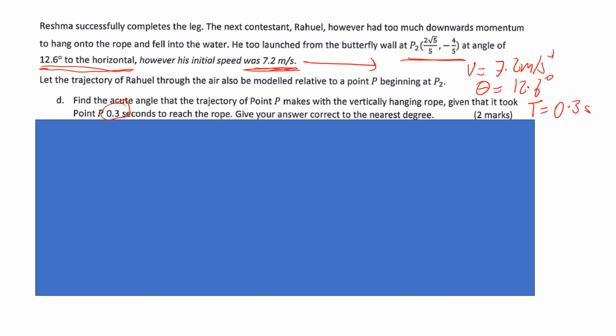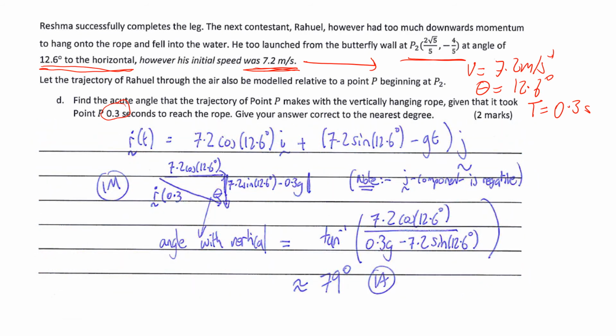So we've got enough information there, without having to do too much in-depth mathematics, to work out the angle at which point P at the base of Rahul will be intersecting with the vertically hanging rope at x equals 3. How do we come by that information? Well, of course, it's the velocity vector function that drives direction. So it's the r dot t for Rahul that we just need to bring up. I guess you've got a mark for that, appreciating we're dealing with the velocity vector function. Or of course, this could be done again with constant acceleration rules, but let's just go through this for now.